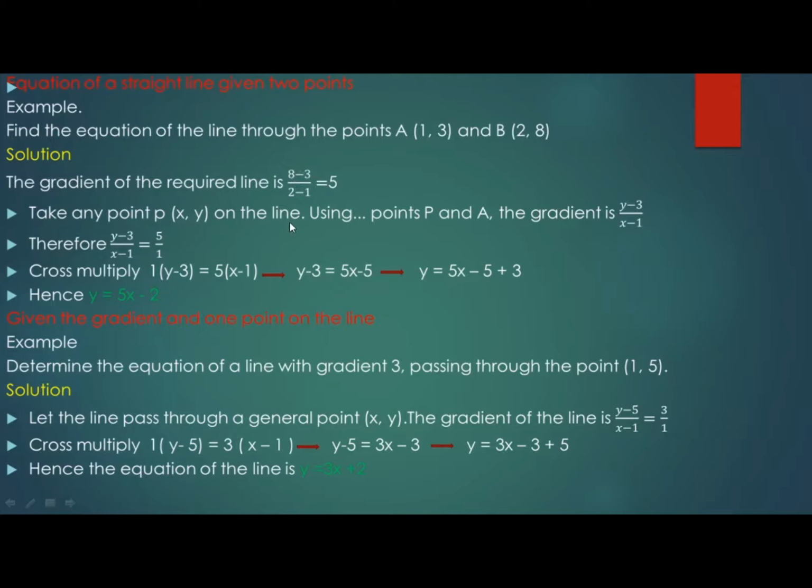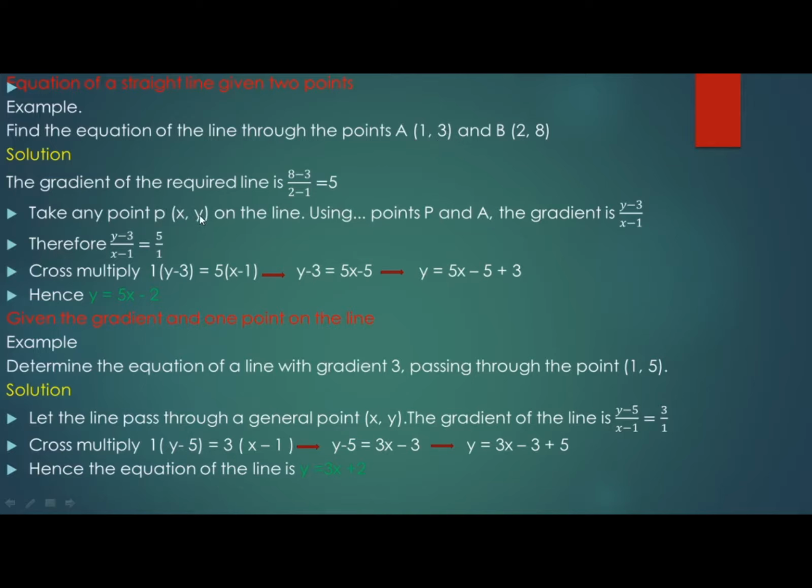Now, there are many methods of solving this, but I'll stick to one method, whereby I let another point (x, y), apart from the points you are given, be on the same line. Then you take one of the given points, in this case I'll use (1, 3).